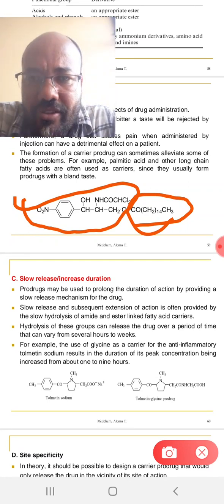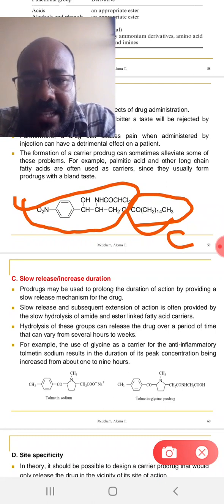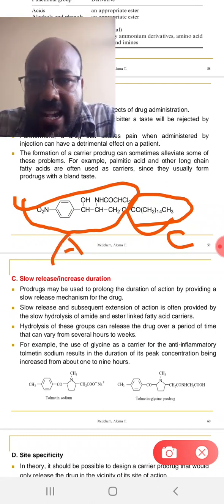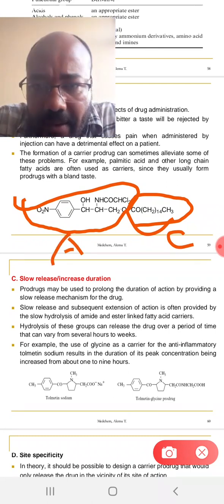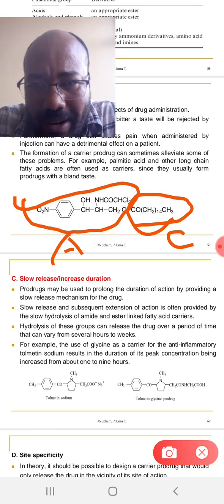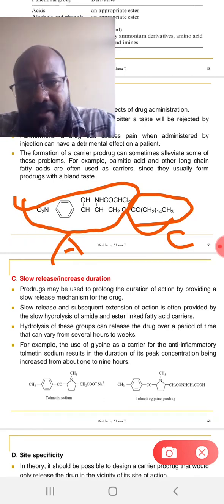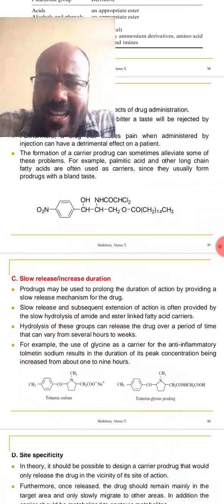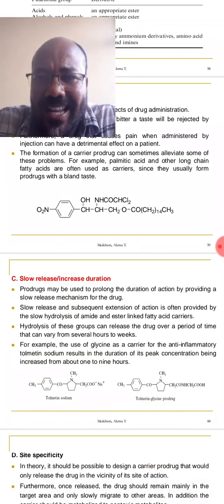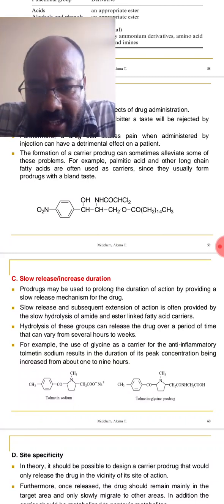Therefore, to improve its taste, it is incorporated with the carrier. This is the active drug and this is the carrier, linked by an ester bond, by esterification. This is sugar, this is the active drug. The sugar will act as a carrier. Therefore, the second very important objective in prodrug design is to increase patient acceptance.